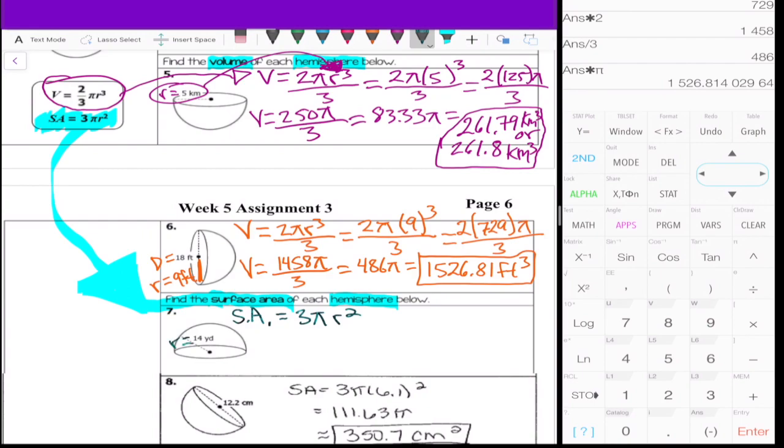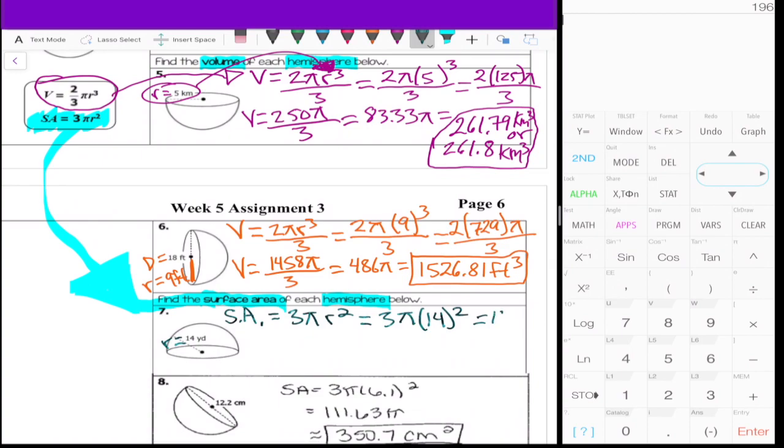S.A. equals 3 pi r squared equals 3 pi. My r is 14. Square that. Again, 14 times 14. It's going to be a big number. 196. Alright, so now we still got to multiply. 196 times 3. Wrote that wrong. Sorry, brain's working different. Pi. So I just wrote 196 in front.